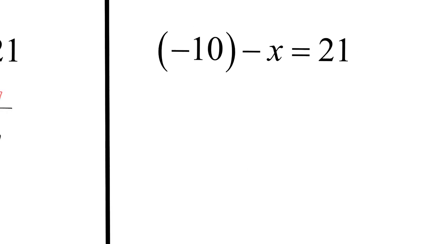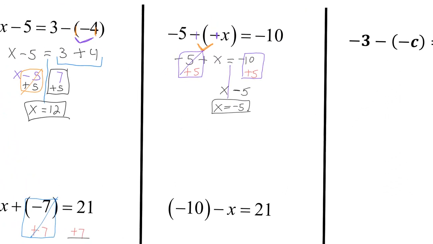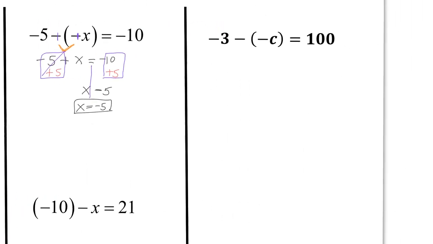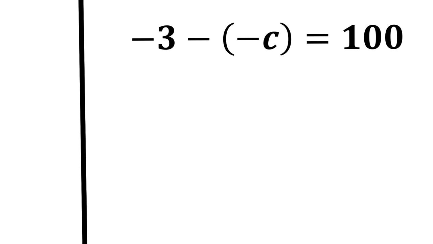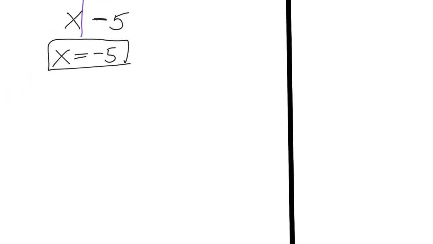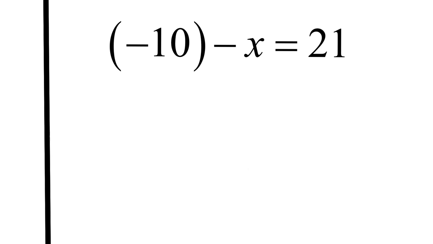Let me refresh your memory and show you where you can see a negative times a negative. Like the example over here, even though I didn't do it, you do have a negative times a negative: negative, negative, and parentheses in between. There's no number or variable in between those two negatives. So when you have this type of equation, do not change the sign.